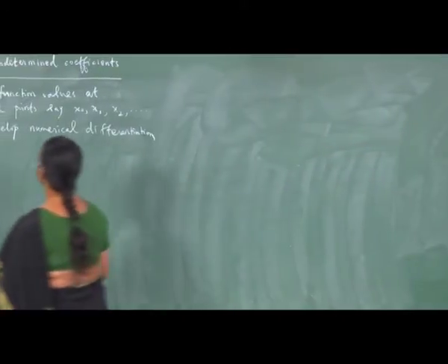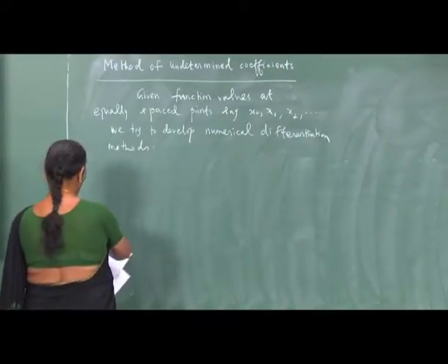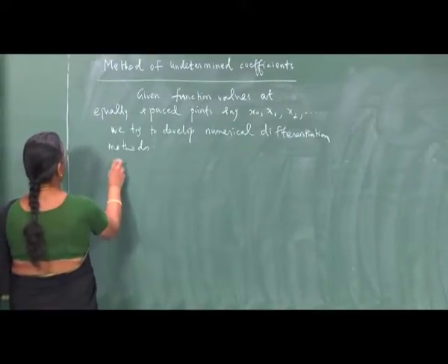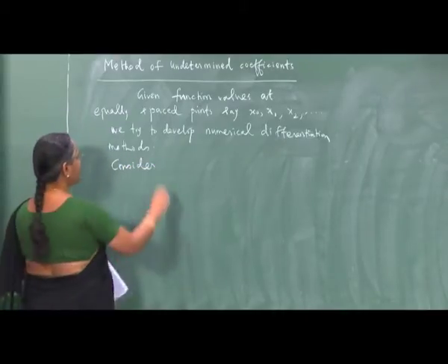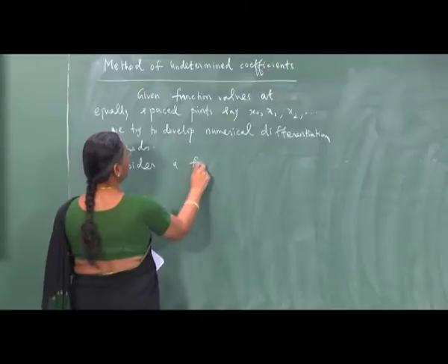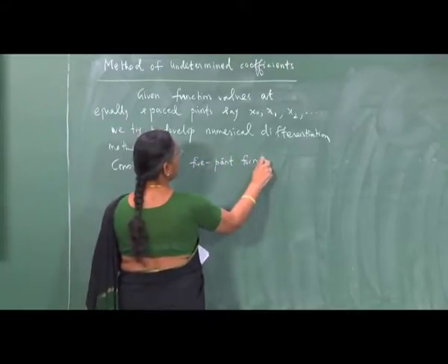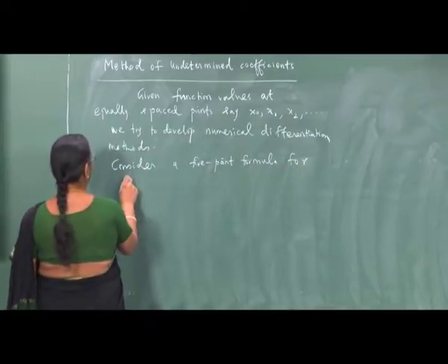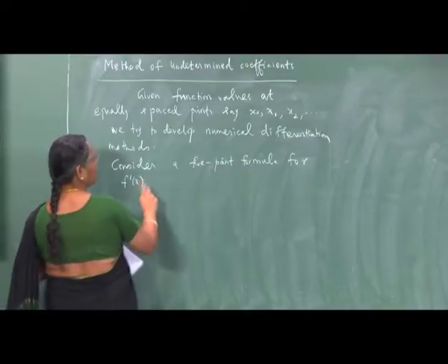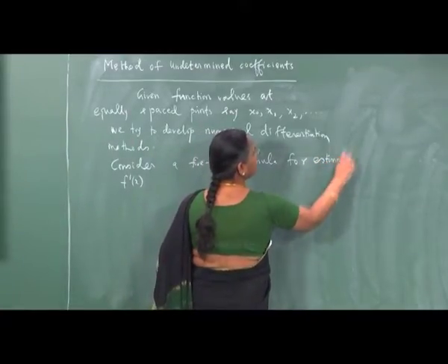So, let us consider the following 5-point formula for f dashed of x, for estimating f dashed of x.